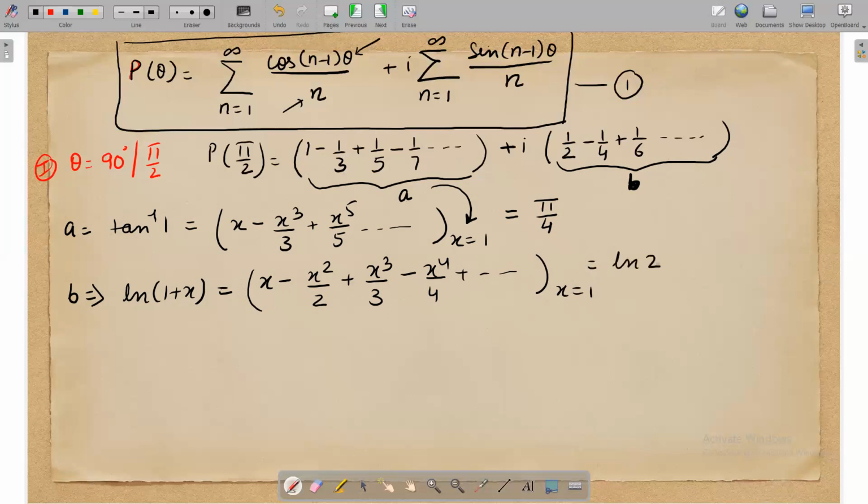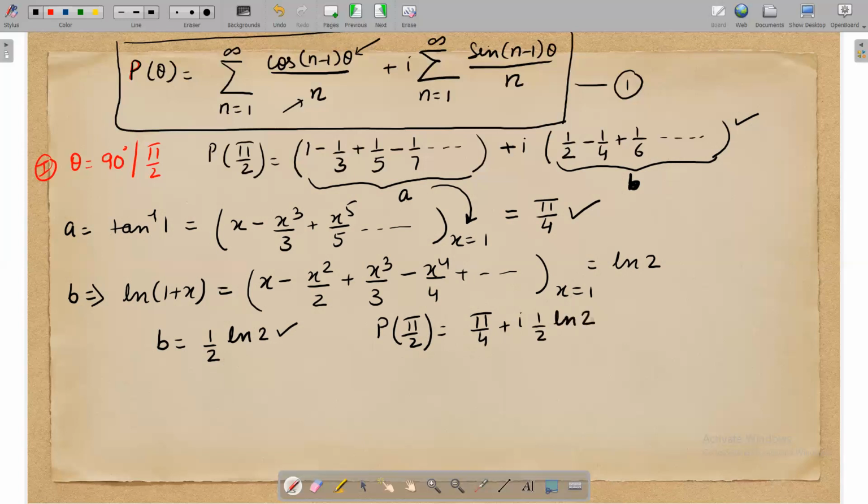But B is not ln 2, because on keeping x equals 1, you are not actually getting B. Then what is B? Again, observe carefully. I can take 1 by 2 common and I can write that B is nothing but 1 by 2 ln 2. So now I have the value of A and the value of B, and that is why I can write that P of pi by 2 is pi by 4 plus iota 1 by 2 ln 2.